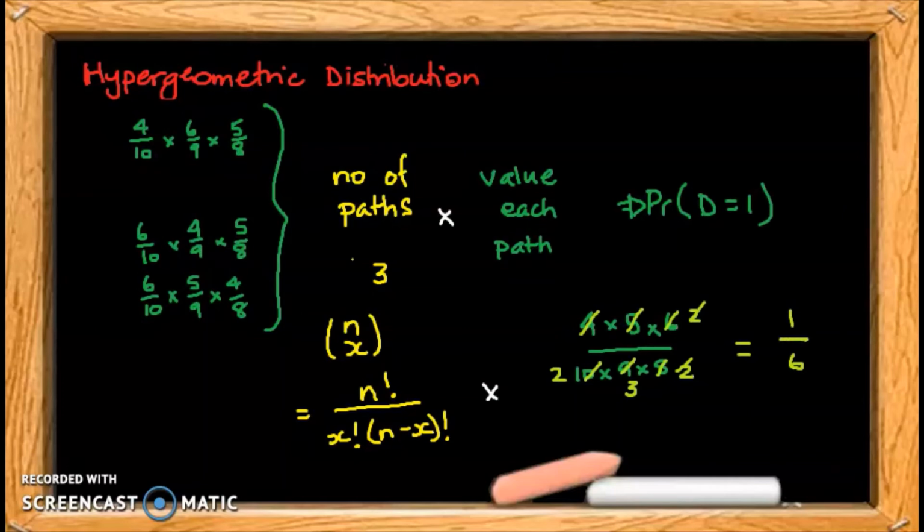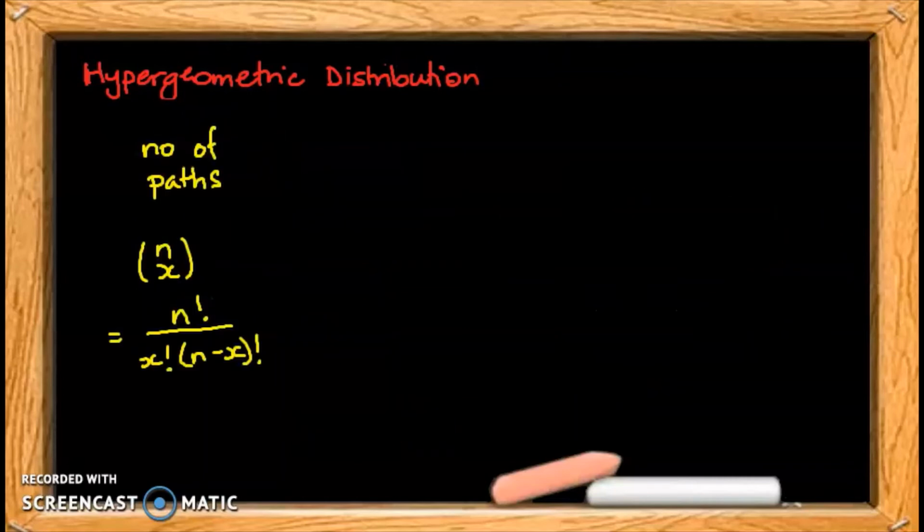So overall, we know that there are 3 paths and the probability of each individual path is 1 over 6, so our final answer, the probability that we have 1 desired and 2 non-desired, equals 3 times a sixth, which equals a half.